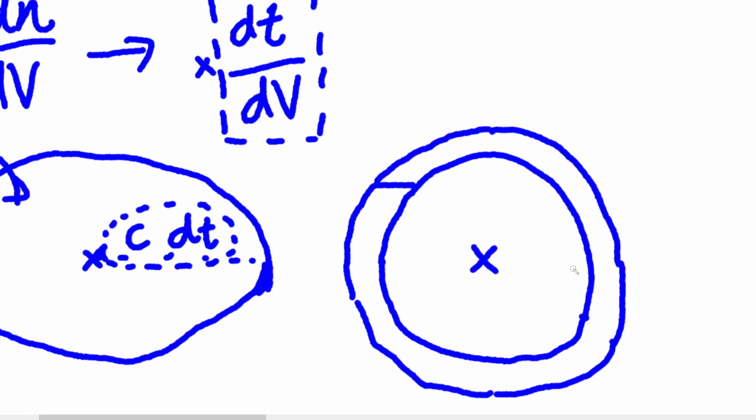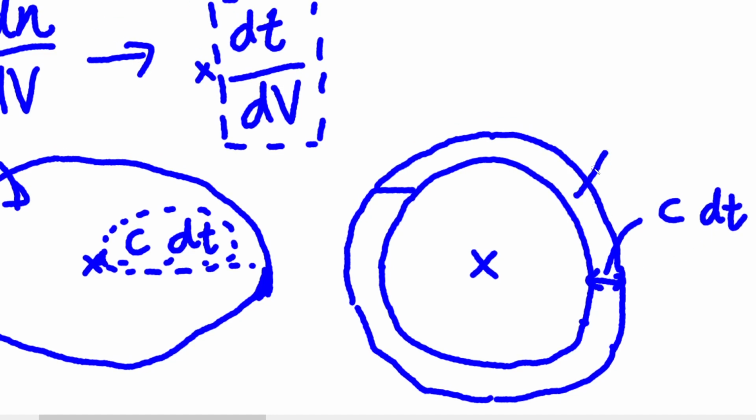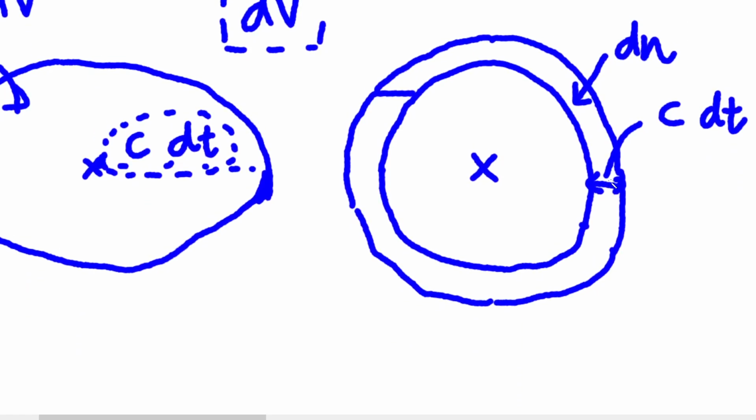It's still going to be c times dt in distance across, and it's still going to contain dn of photons.